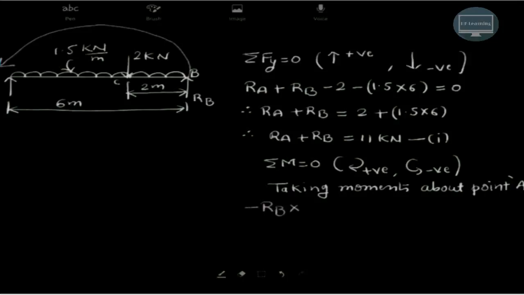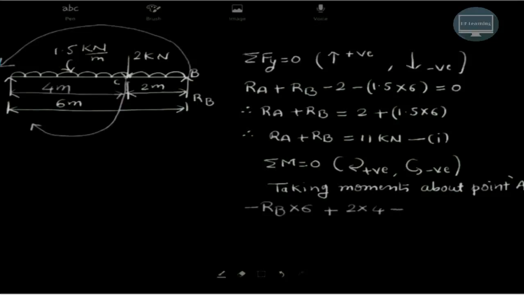So it is minus RB, and the perpendicular distance from B to A is 6, plus this 2 kN point load will produce a clockwise moment. So plus 2, and the perpendicular distance from this 2 kN up to A will be 4 meter. So it is 2 into 4.